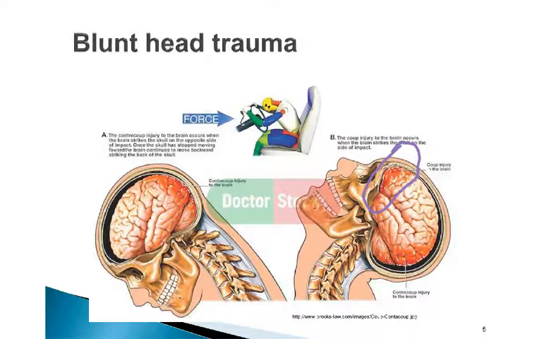And the Contrecoup is when the brain hits the side of the skull at the opposite side of the impact, which is here. This type of injury can lead to severe brain hemorrhage or swelling. Intracranial pressure will increase and it can be life-threatening depending on the force of impact.